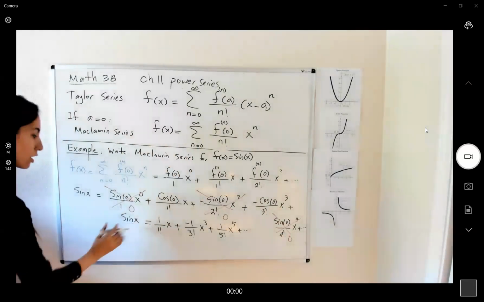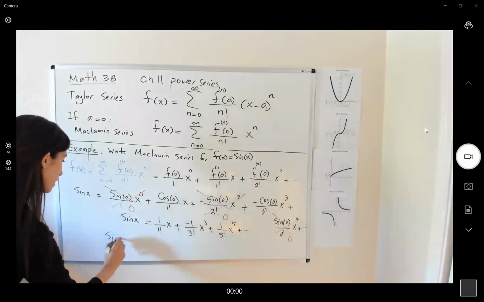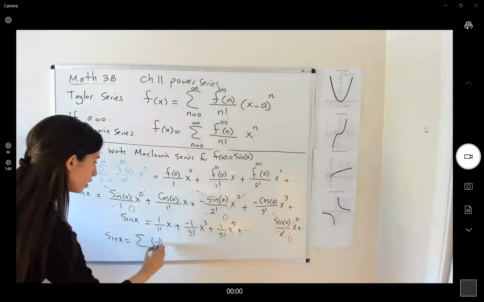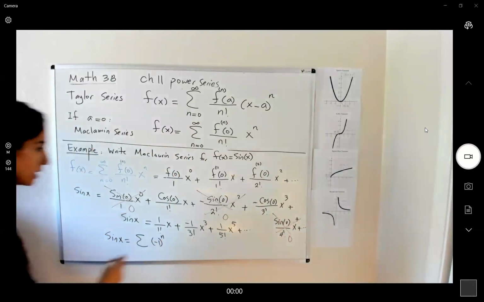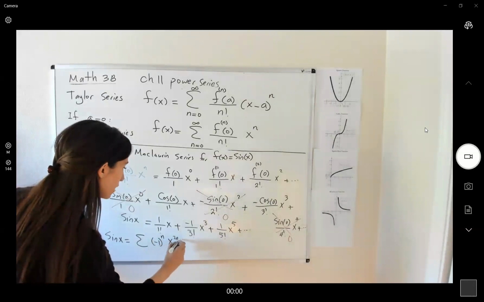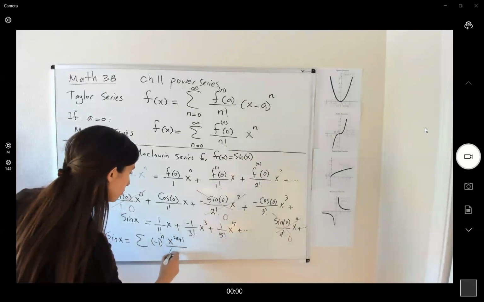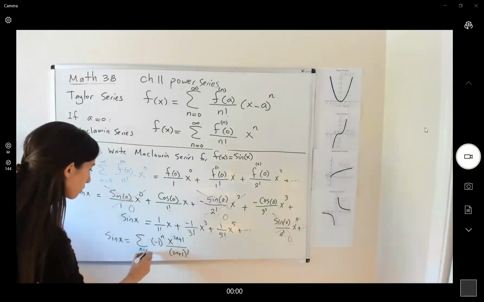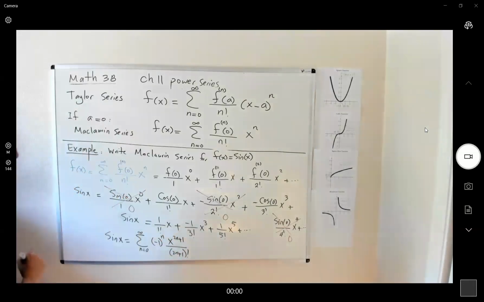So we can write sine x as the sum, power sum, negative 1 raised to n, x raised to 2n plus 1 divided by 2n plus 1 factorial. And then it starts from 0, goes to infinity.